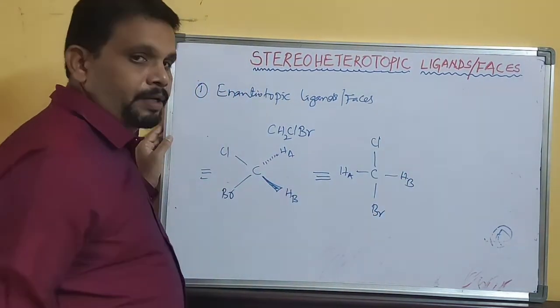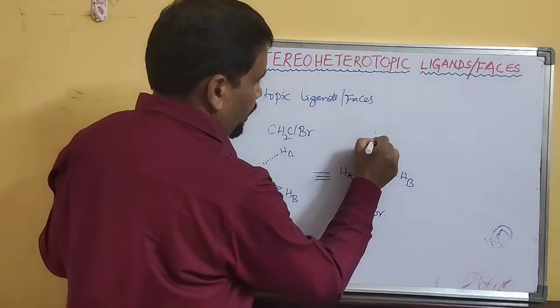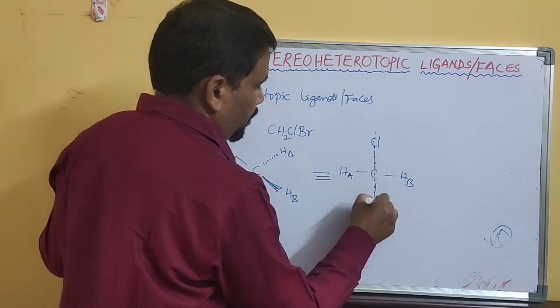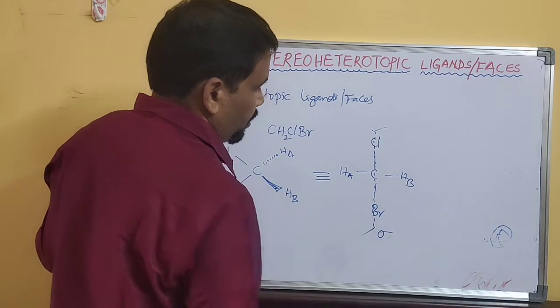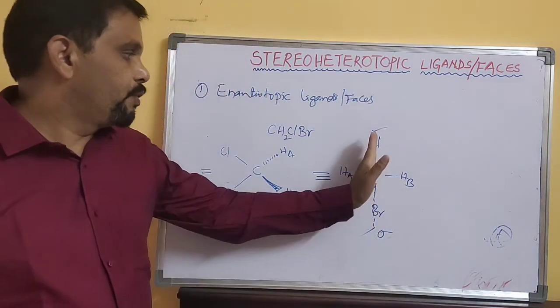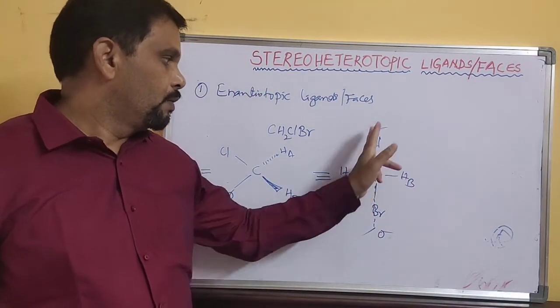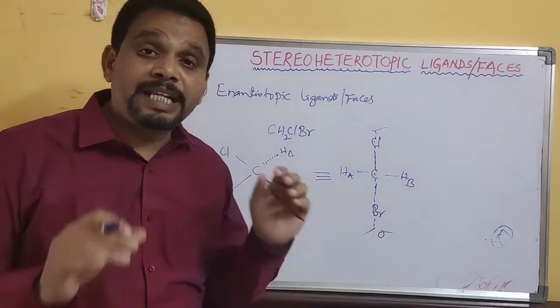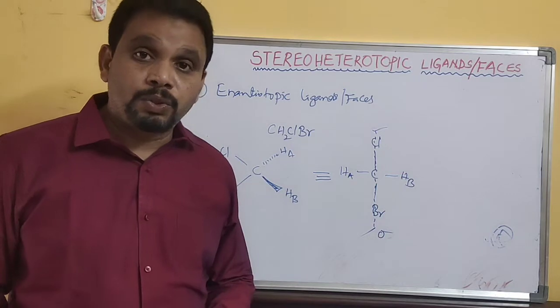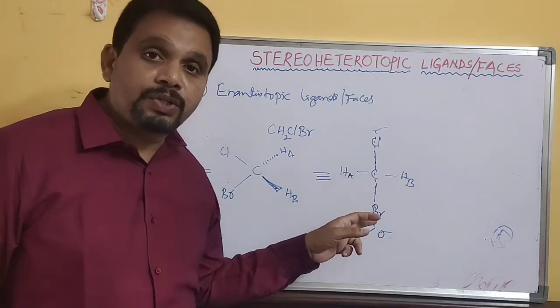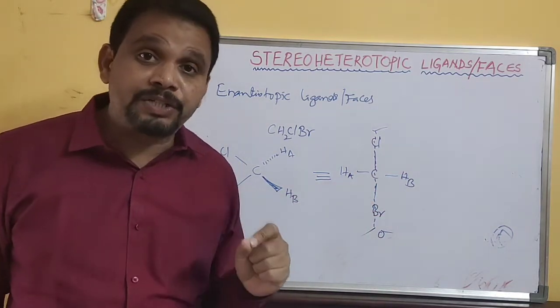If you bisect a plane like this, in the middle, this is the sigma, plane of symmetry. If you bisect this molecule with this plane, you will get two equal parts of that molecule. So that means in this molecule there is a plane of symmetry.